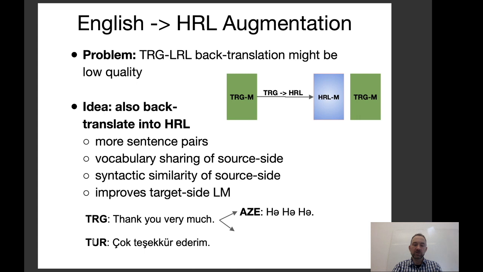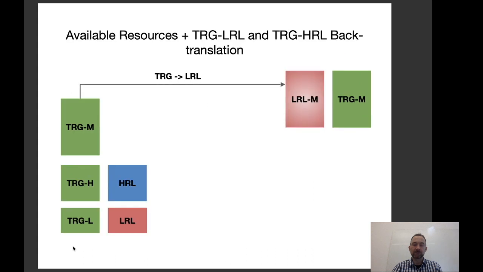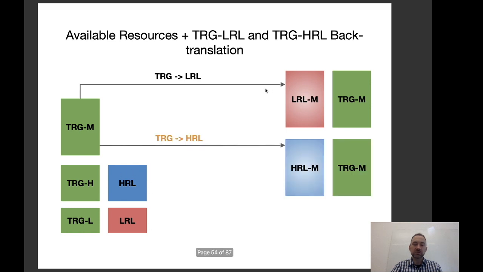But the English-Turkish system works relatively well, and still Turkish might be similar enough to Azerbaijani to work. So that gives us this additional set of our back-translated data where we can translate into the high-resource language.